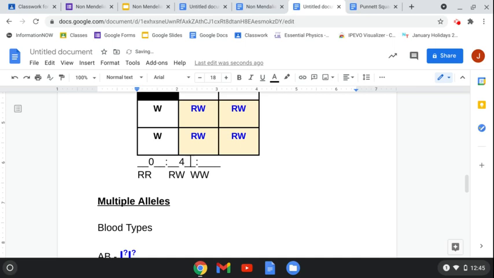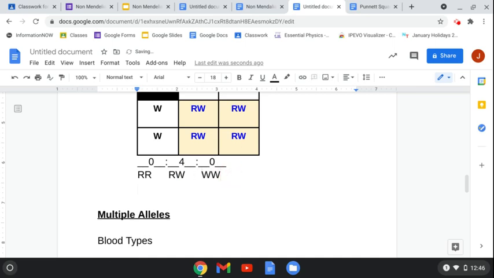We do have 4 and then 0. And again, our phenotypic and genotypic ratios are the same. So if I apply my phenotypes, I would have red, then a roan-colored, and then finally a white-colored horse, where red and white are both dominant. So that is our first two things.